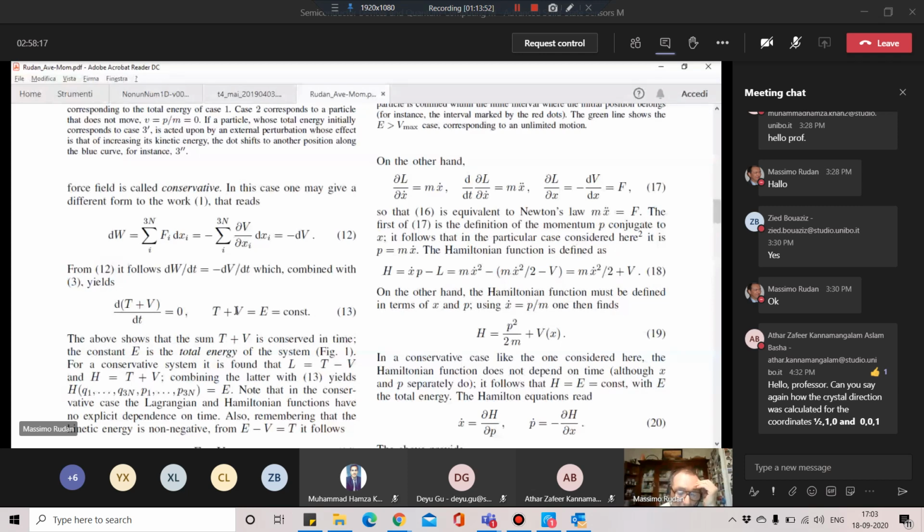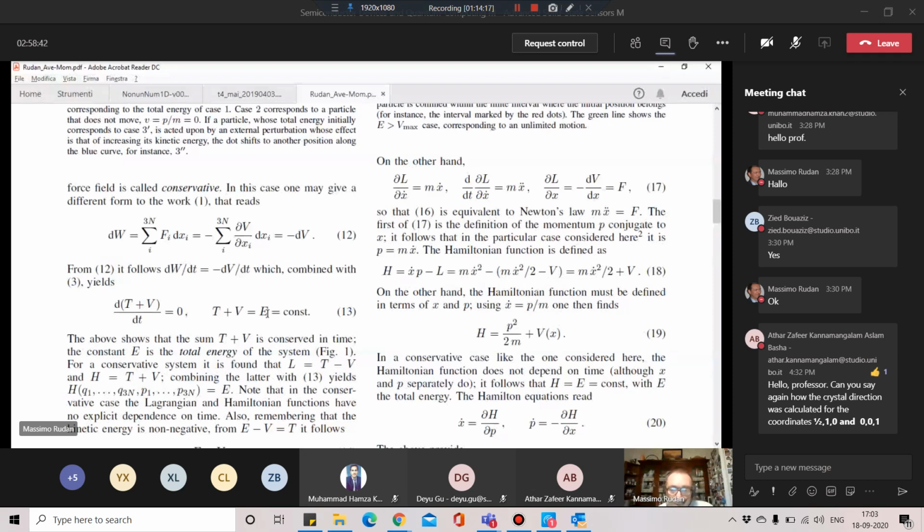So independently from each other, T and V depend on time. But in a conservative case, the sum is a constant. It is called the total energy. And this total energy is independent of time, okay, in the conservative case.